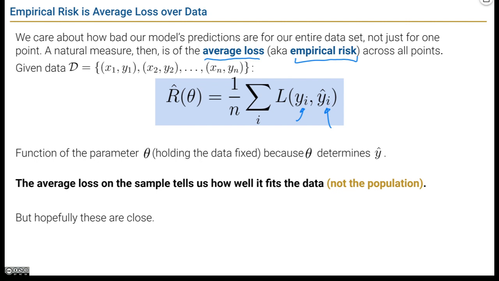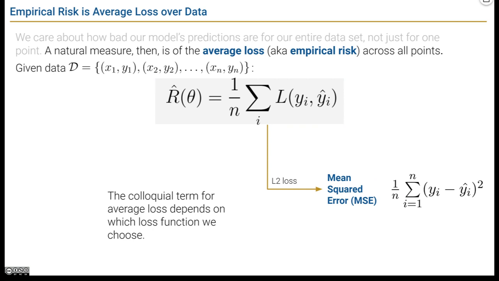This is going to be based on the sample itself. So it's really telling you how well the model fits the particular sample data you have, not necessarily the entire population. But hopefully these are close, and we'll talk about some ways to use inference to determine how close they are.